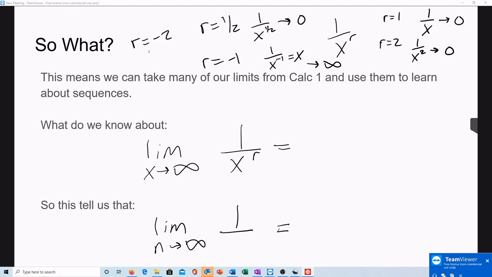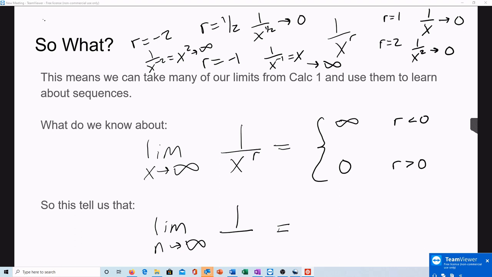That would be 1 over x to the -2, which is x squared. That also goes to infinity. And so just from our Calc 1 knowledge, we know it's either infinity or it's 0. It's going to be infinity when r is less than 0, and it's going to be 0 when r is greater than 0.